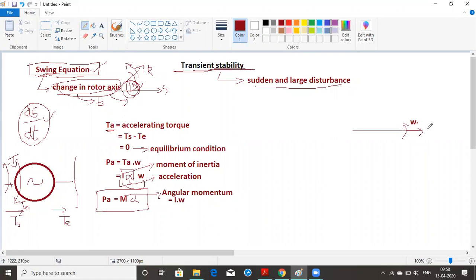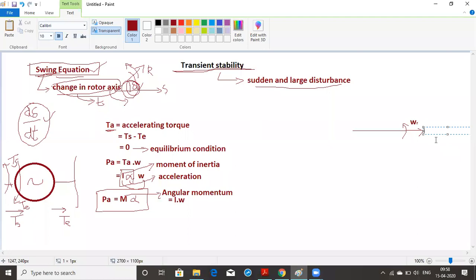And here, we are going to call this a synchronously rotating axis.